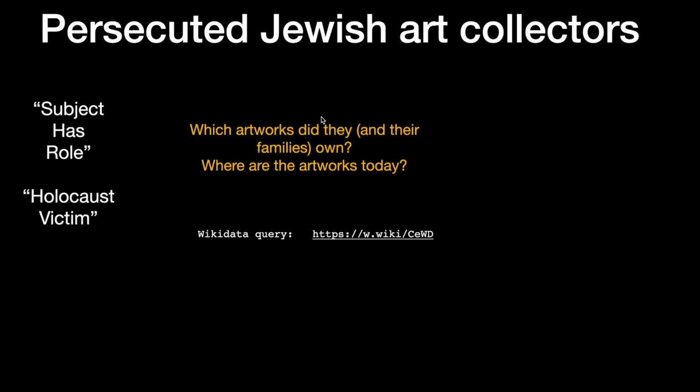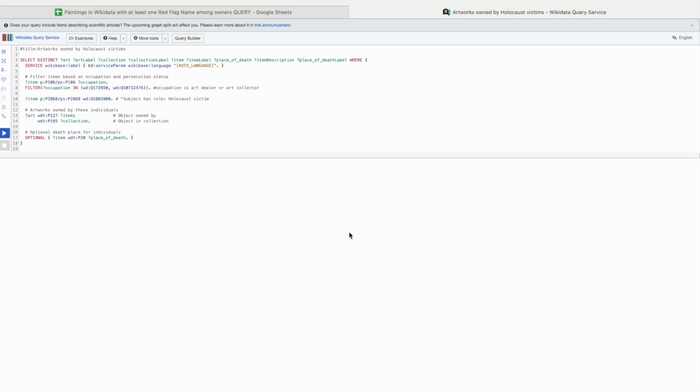so we'd like to know of these persecuted Jewish art collectors, which artworks did they own and their families, because it might not be their name, it might be their entire family, and where are those artworks today? So we'll just take Holocaust victims. Run this query. You can see occupation, very important, the occupation, art dealer, art collector, and with this structure where we can put in Wikipedia entity IDs, we can add other occupations if we want, okay?